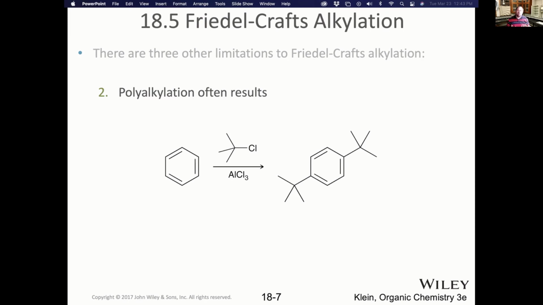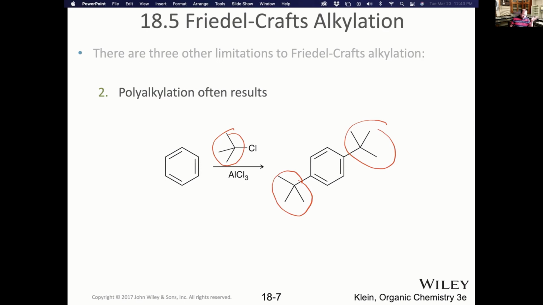So polyalkylation, that is multiple additions of this R group substituting for hydrogens, occurs as side products or additional products when doing this reaction starting with just normal benzene. So you've got to be careful. It doesn't mean you still can't do it.